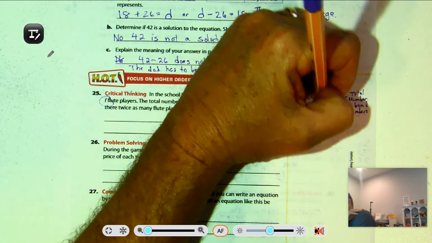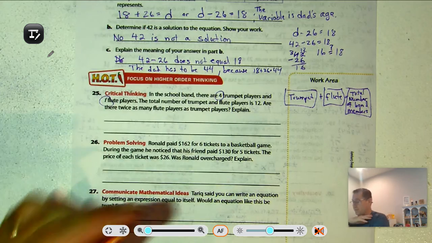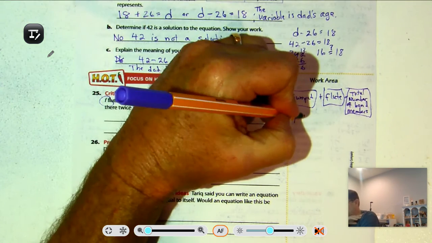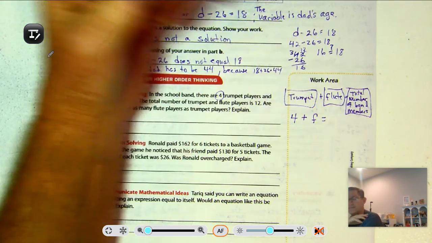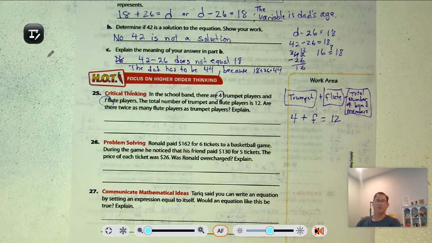If I add trumpets and the flutes, that's going to give me the total number. They told me the number of trumpet players. F will represent the flute players, and I know that there's 12.